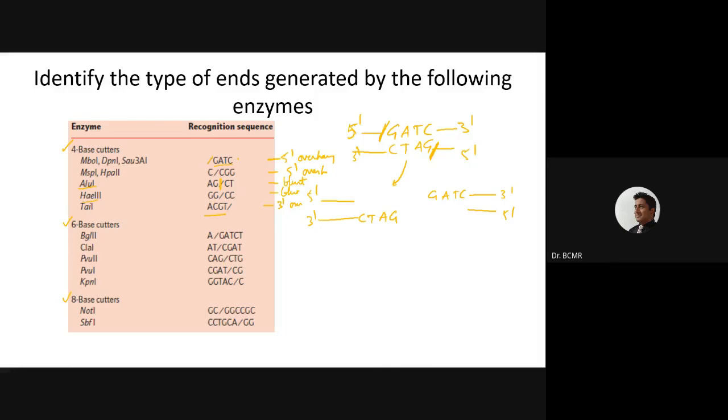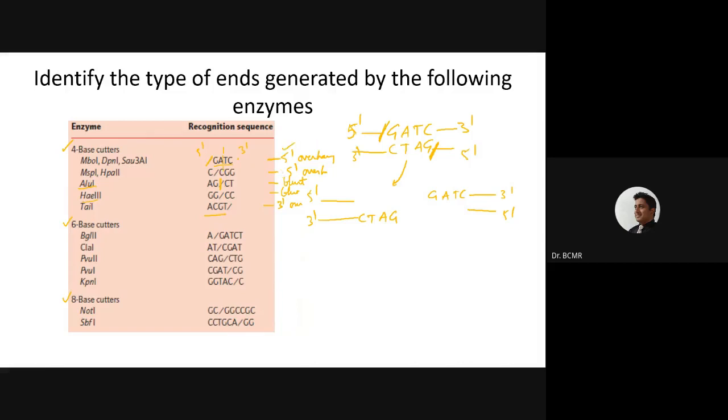I hope you now see that based on how you look at the slash, if it is on the 5' side of the axis, then it's going to generate 5' overhangs.